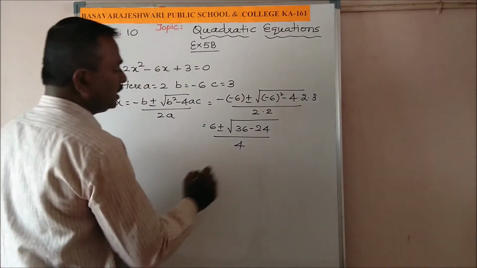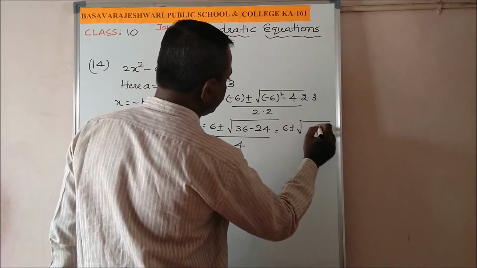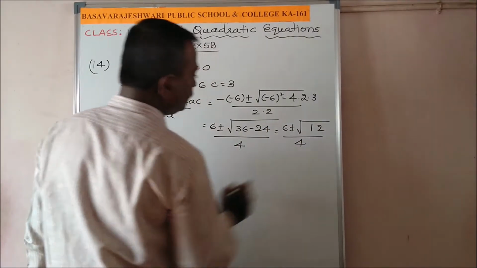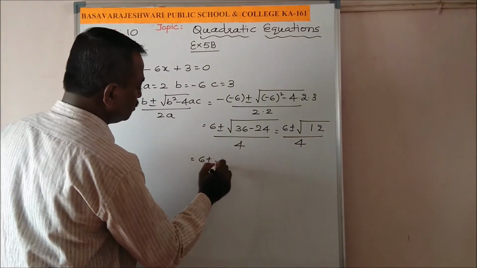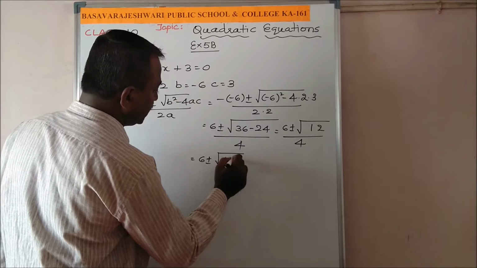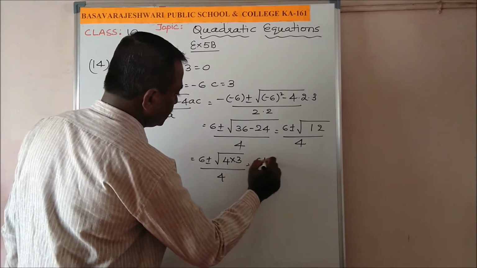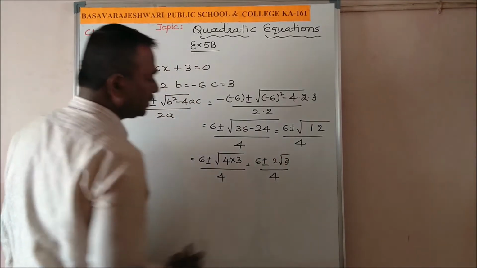That is 6 plus or minus root of 36 minus 4 times 2 times 3, that is 24, by 4. That is equal to 6 plus or minus root of 12 by 4. That is equal to 6 plus or minus root of 4 into 3, by 4. That is equal to 6 plus or minus 2 root 3 by 4.